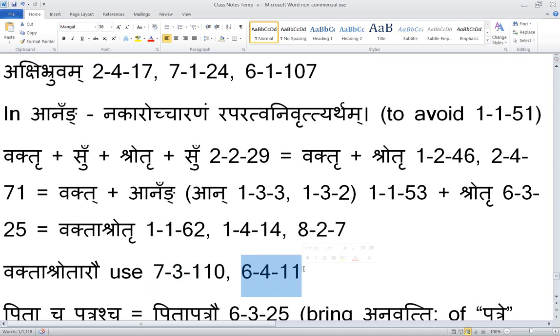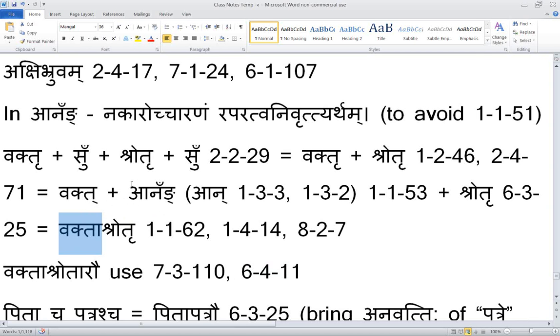So make it Vakta Shrotarau. This was the exception here, the Vaktru becoming Vakta. So again, 6.3 will give you the answer because there's something happening to the Purva Padam. So this must be a topic of 6.3. Anang Rutva Dvandve, that is the Sutram. This is what we were doing last time.